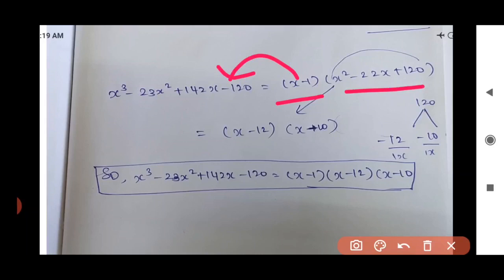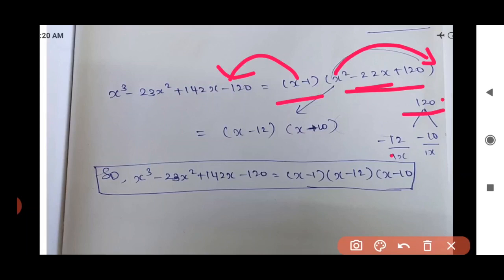Now you apply the splitting middle term method to the quadratic polynomial. 1 into 120 is 120. Multiply, you get 120; add, you get minus 22. So minus 12 into minus 10 you get plus 120, and adding minus 12 plus minus 10 gives minus 22. The coefficient of the x squared term is 1.